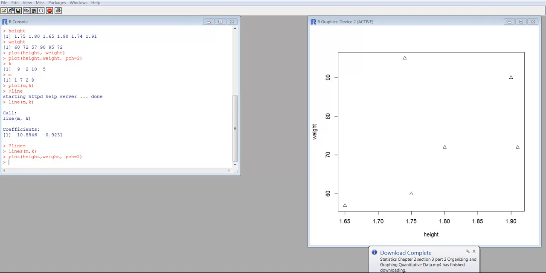Actually, let's stop this video and come back and continue. We're going to use both of these together, lines and plot, and both of them are going to be on the same screen. Okay, so I'll stop the video here and come back.